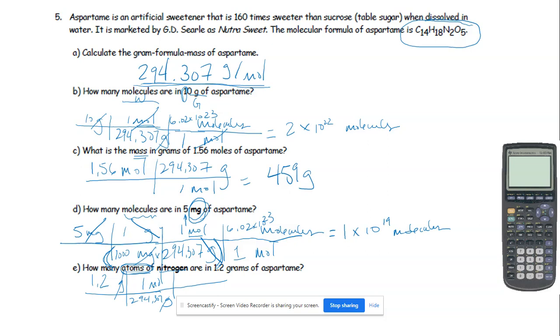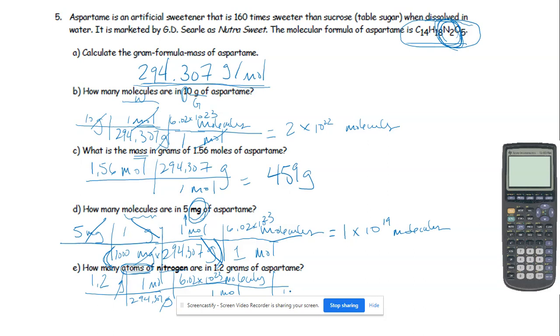I have moles. I'm going to turn moles into molecules first. I know that there are 6.02 times 10 to the 23rd molecules of aspartame in 1 mole of aspartame. So now I have how many molecules of aspartame there are. And I go look here, and I see that in every 1 molecule, there are 2 atoms of nitrogen. 2 nitrogens in every 1 aspartame.